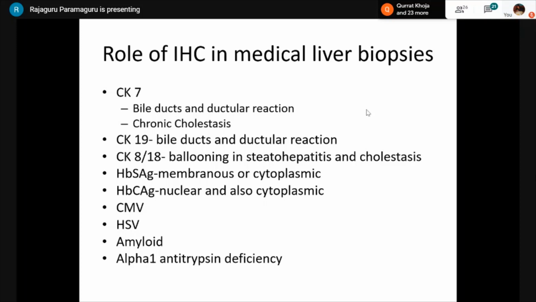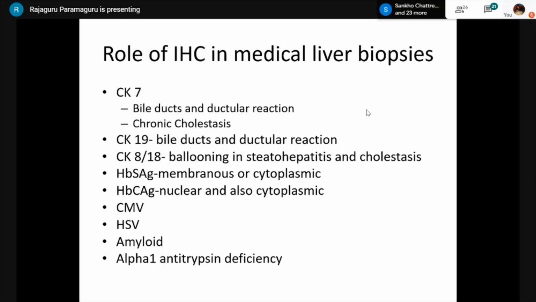One of our senior pathologists used to say that CK19 is a better stain than CK7 for highlighting the bile ducts, because the ductal reaction will not be strongly highlighted with CK19, whereas with CK7 the ductal reaction will be more strongly highlighted.